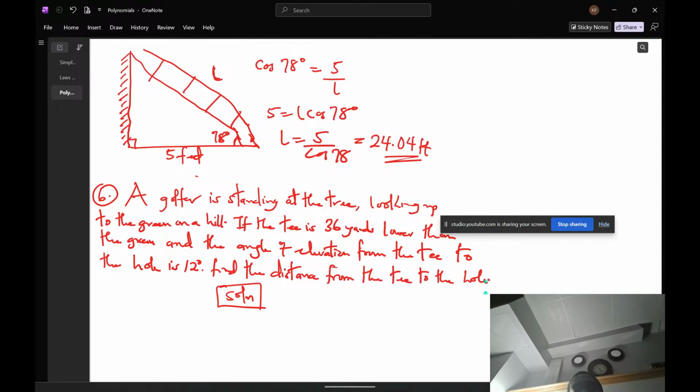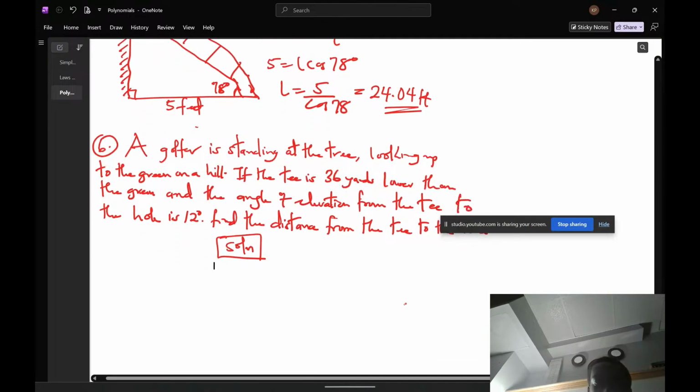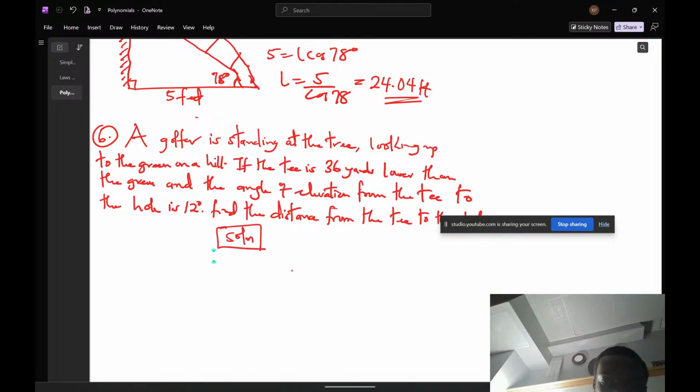Okay, so it says a golfer is standing at the tree. Okay, so let's say that this is the tree. And it says a golfer is standing looking up to the green on a hill.